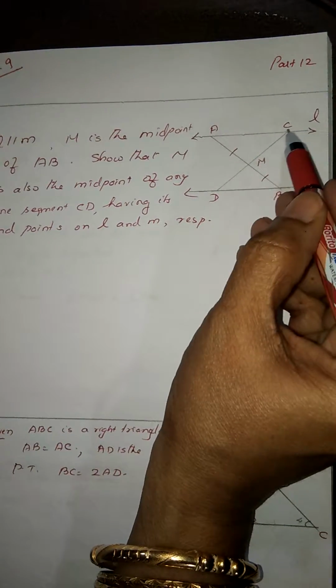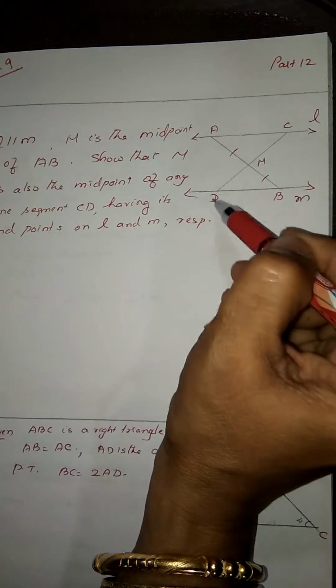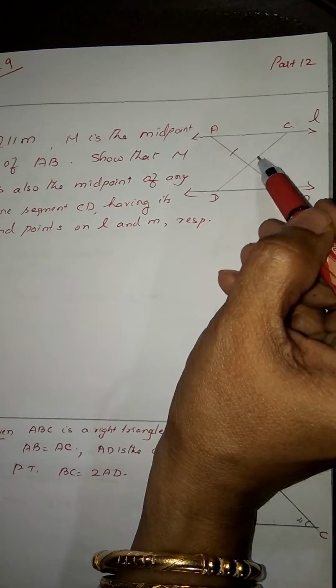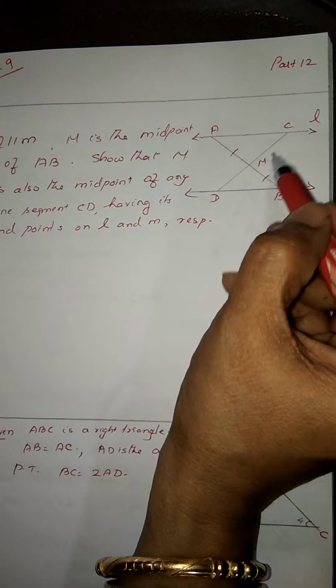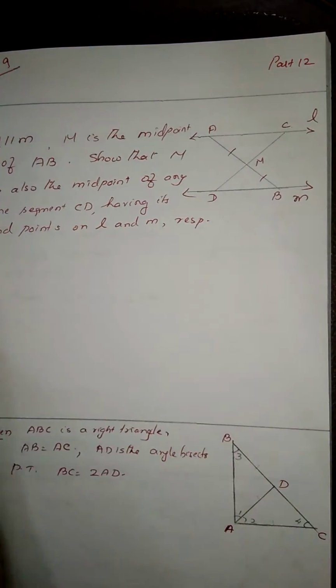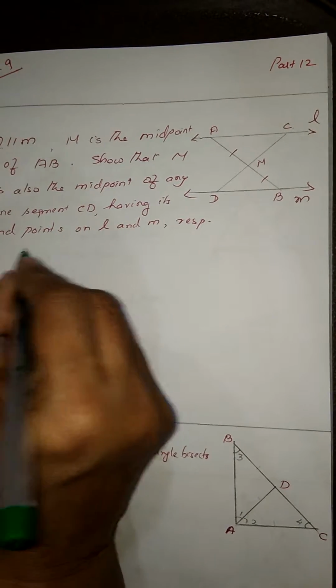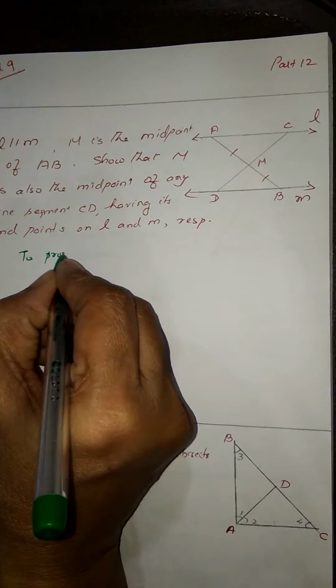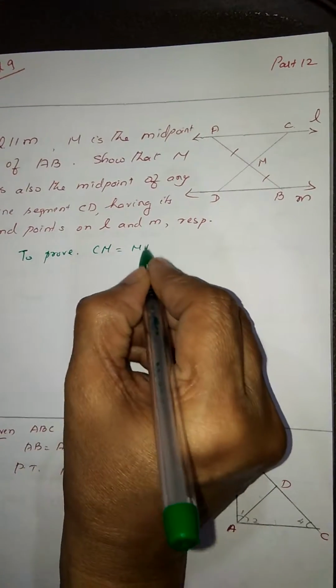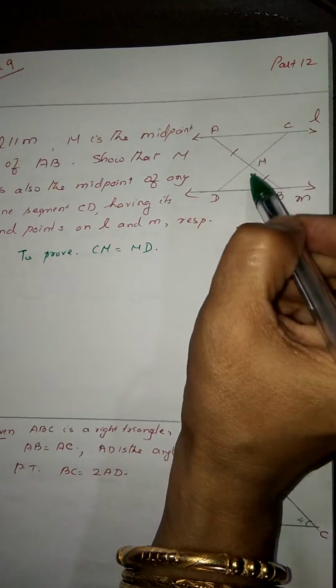So C is any point on L and D is any point on M, and we have to prove that M is the midpoint of CD. That is, we have to prove CM is equal to MD. So let us consider these two triangles.